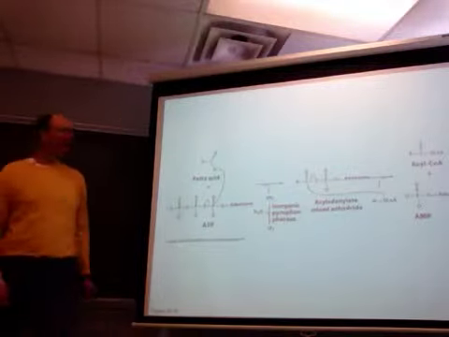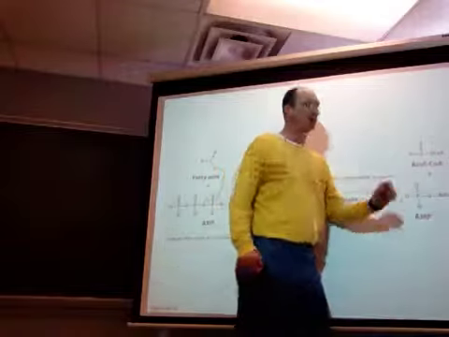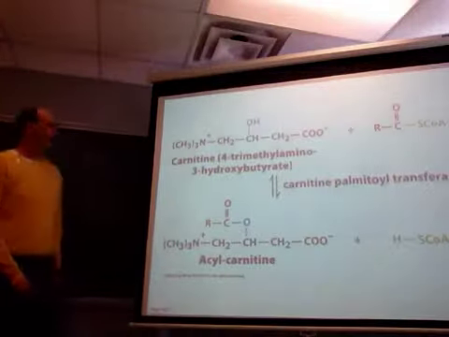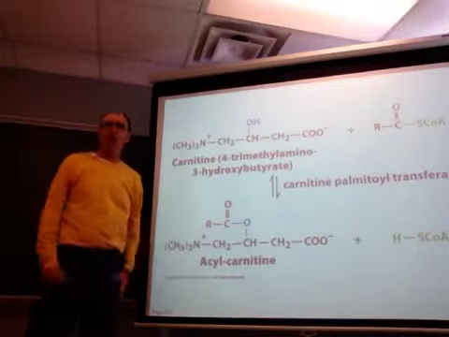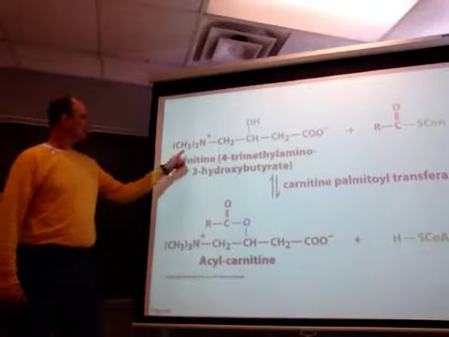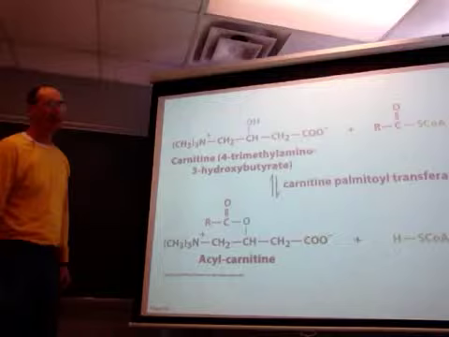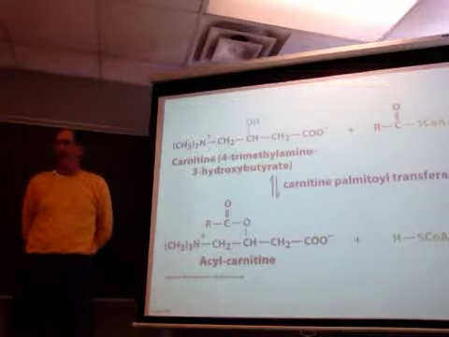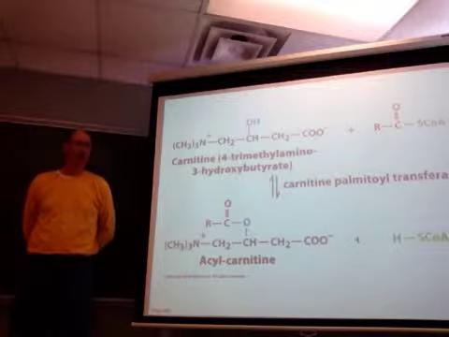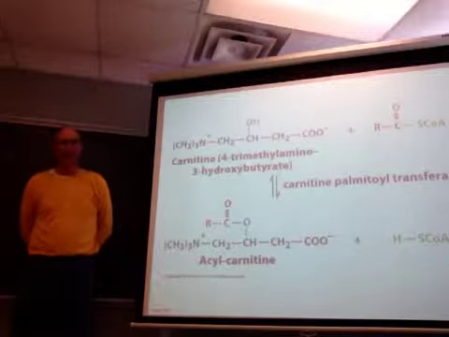So now we've created a high energy bond here. All right, now there's this molecule carnitine, right? Carnitine sounds like it should be the title of a bad B horror movie, right?